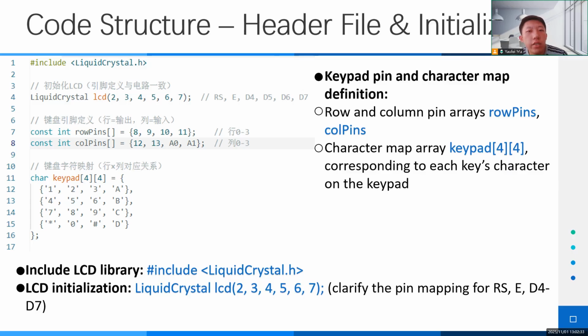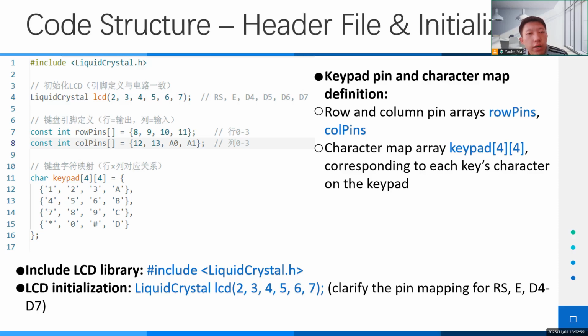Then we initialize the LCD with LiquidCrystal lcd 2, 3, 4, 5, 6, 7. As we talked about before, the numbers here are the pin mappings for RS, E, D4, D5, D6, and D7.